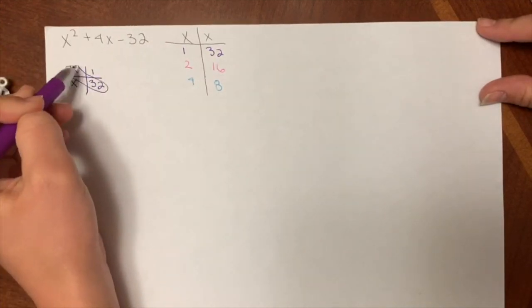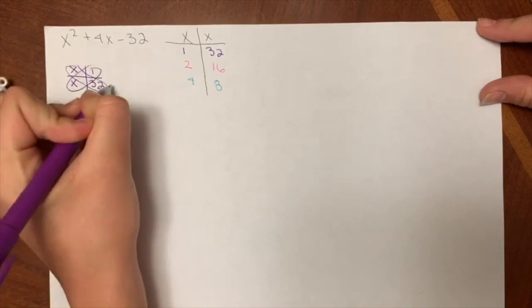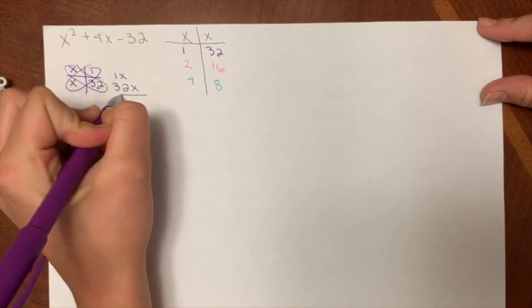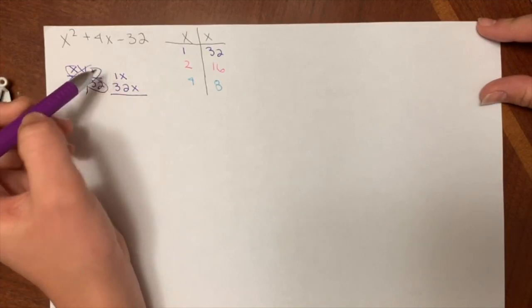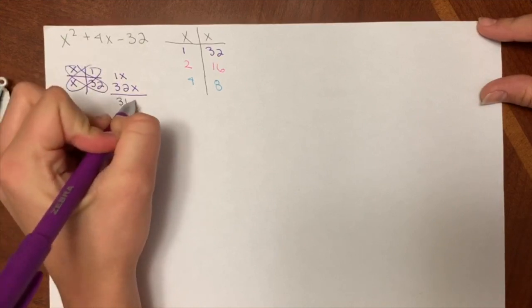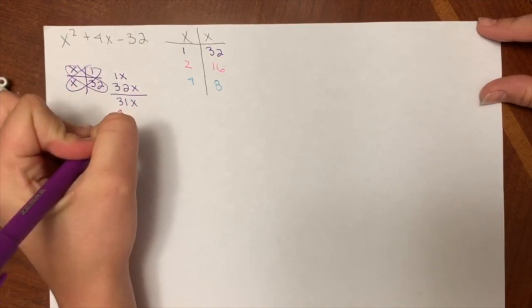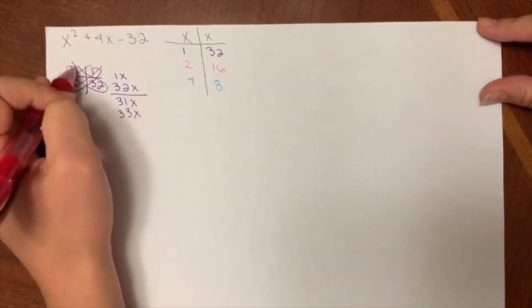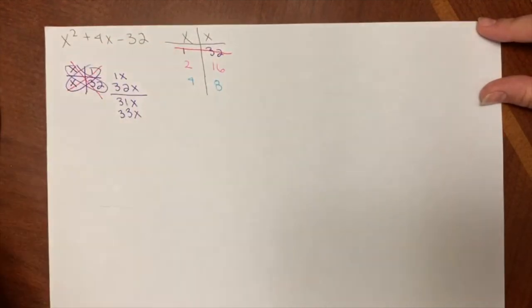Cross multiply to get x times 32, which is 32x, and x times 1, which is 1x. Then figure out by adding or subtracting if you can equal 4x. So 32 minus 1 is 31x, and 32 plus 1 is 33x. Neither of these equal 4x, so therefore 1 and 32 are not the solution.